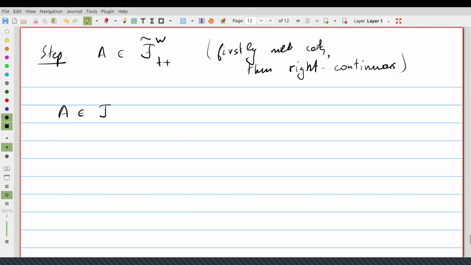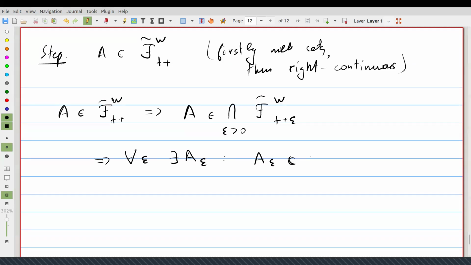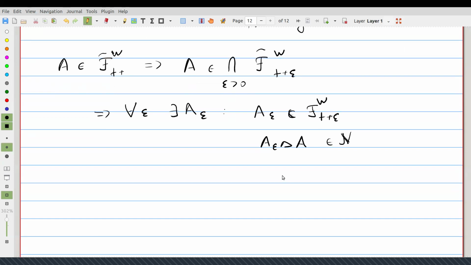Then if we consider any set from here, this effectively means that for every epsilon, there is a set that is measurable with respect to F^W_{t+epsilon} without null sets, such that the symmetric difference of our original set and A_epsilon is null, because they can be slightly moved by null sets and still be exactly what we have.